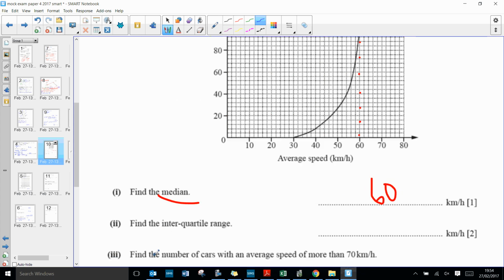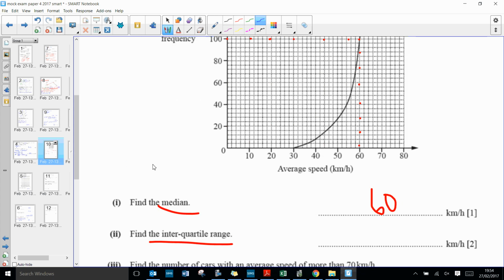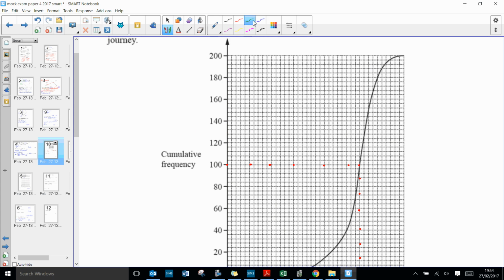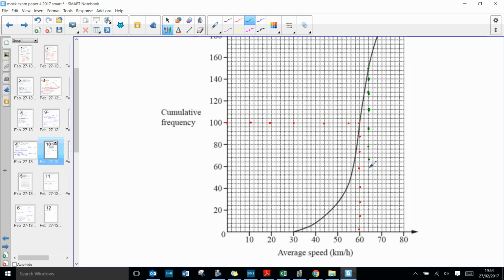Find the interquartile range. So what we would do is find our 2 quarters. So we've got 200, so that would be at 150. So that's this value here. Okay, looking at the scale, this is 64.